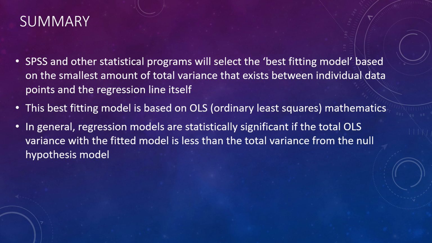If the null hypothesis model has less error than the model you've created based upon your research, then we say the null hypothesis is better, and there's a higher chance that your findings happened by chance. If your OLS model has minimized a lot of error, and the error in your model is much less than the null hypothesis, then we say whatever's happening here with this model likely didn't happen by chance, and so we go with the model you've created because it's a better fitting model and it explains more.